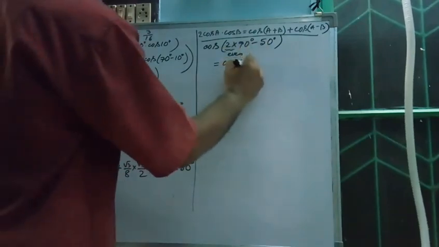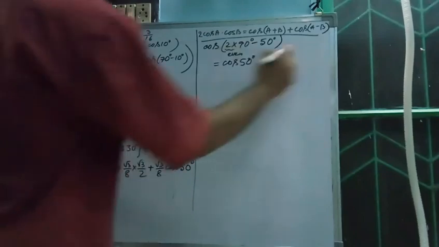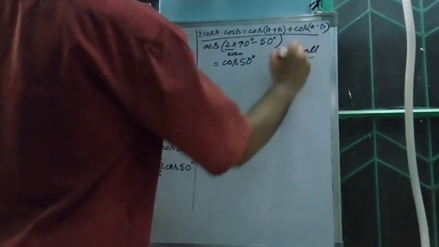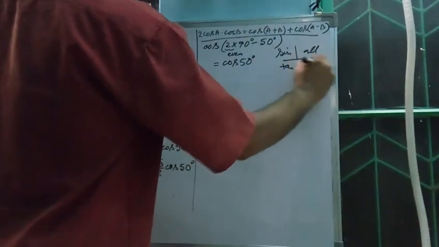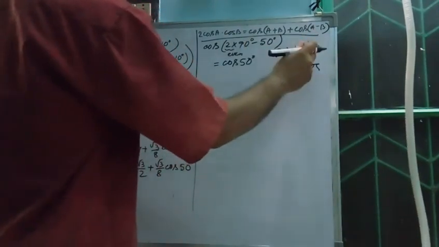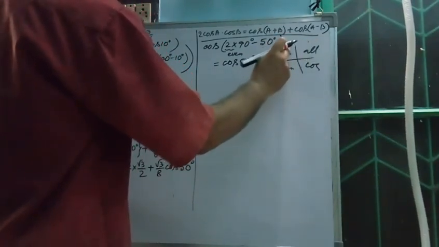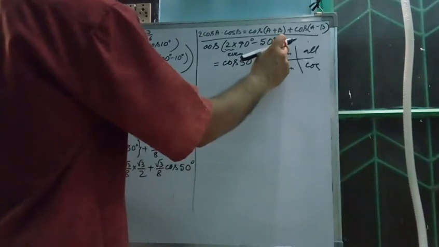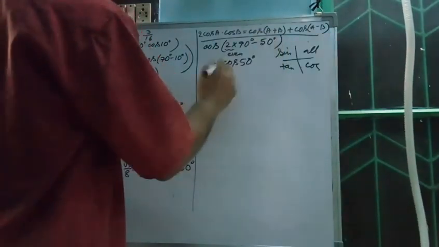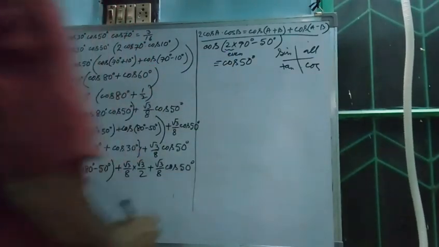So cos 50 degree, और अब देखना है इसका साइन प्लस होगा या माइनस। All sin tan cos, फर्स्ट क्वाड्रेंट, सेकंड क्वाड्रेंट, थर्ड क्वाड्रेंट, फोर्थ क्वाड्रेंट. 2 into 90 minus 50 किस क्वाड्रेंट में लाई करेगा? It lies in the second quadrant. तो सेकंड क्वाड्रेंट में cos नेगेटिव होगा. This is minus cos 50 degree.